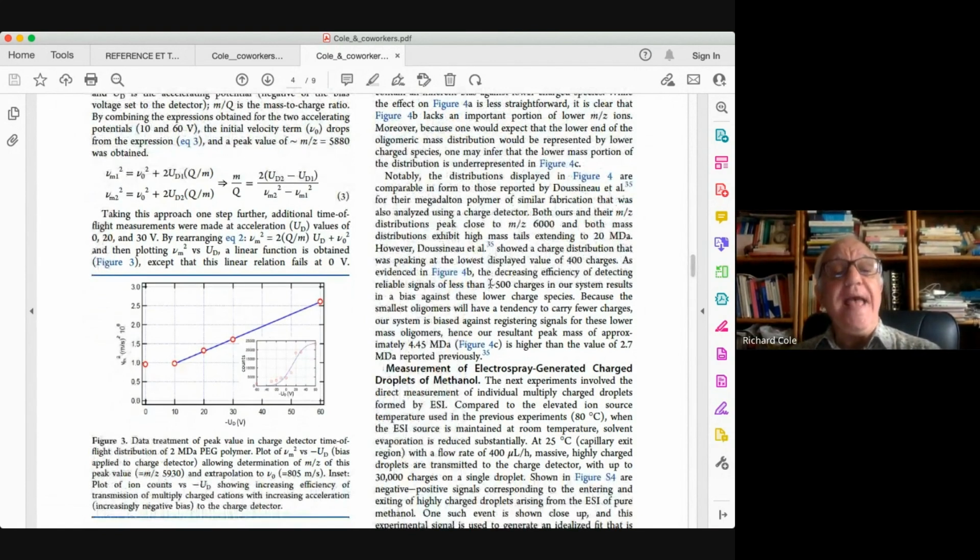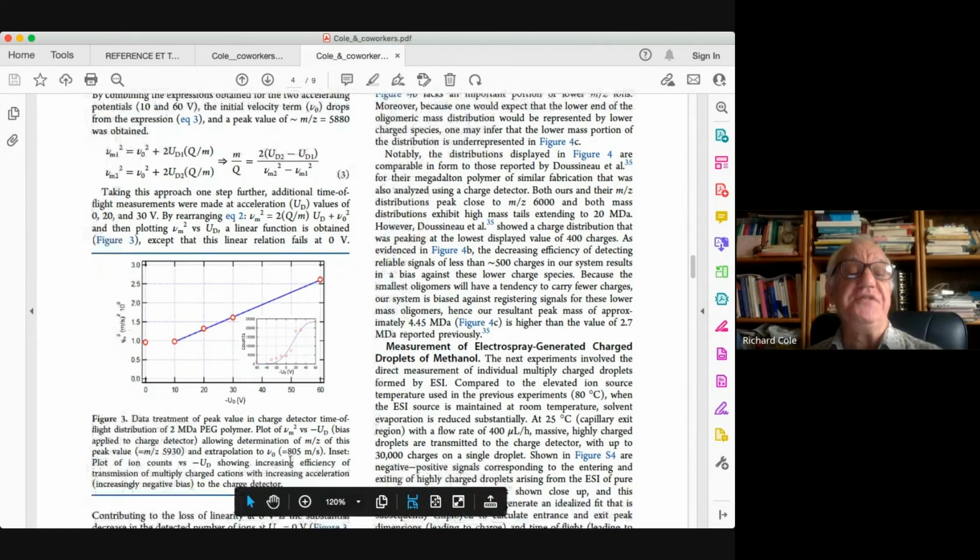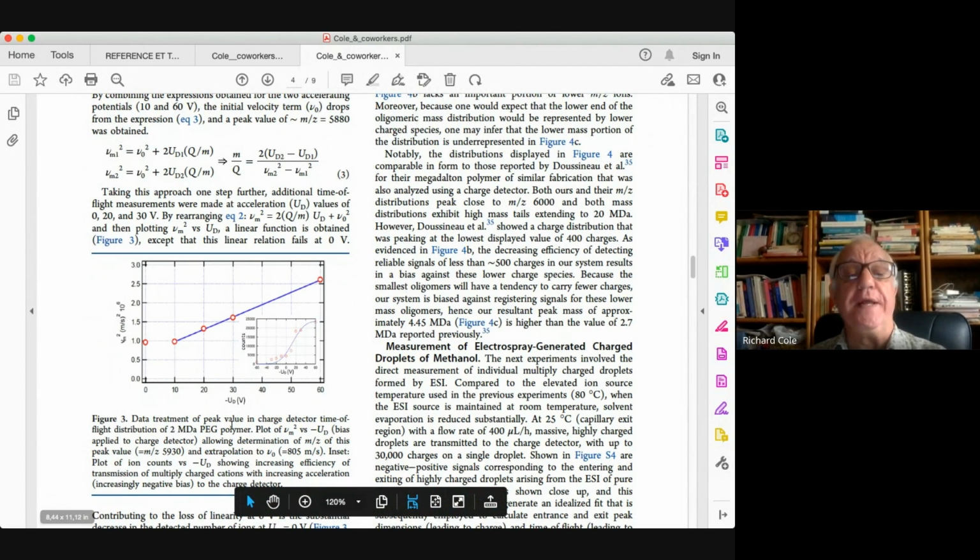Again, these points correspond to that peak value. And from this plot, an analysis of the slope gives us a mass to charge value for our peak of approximately 5,930.